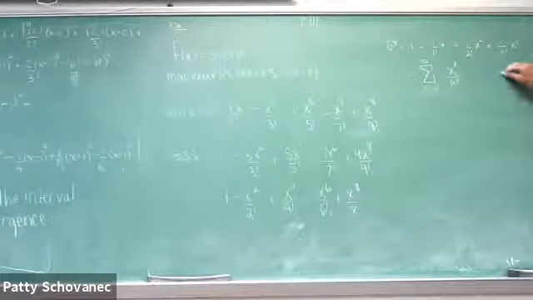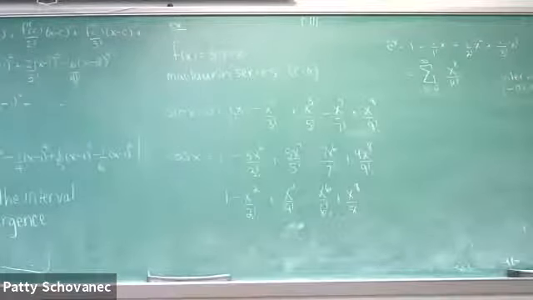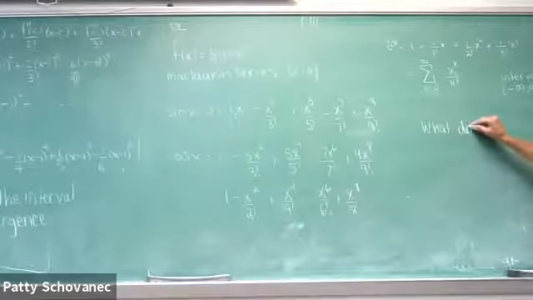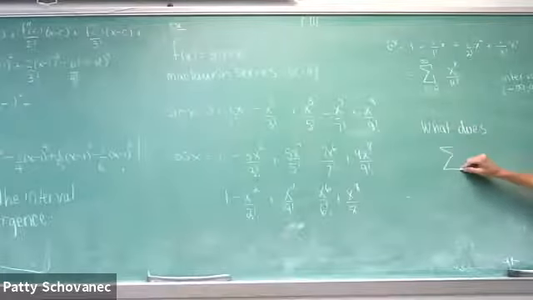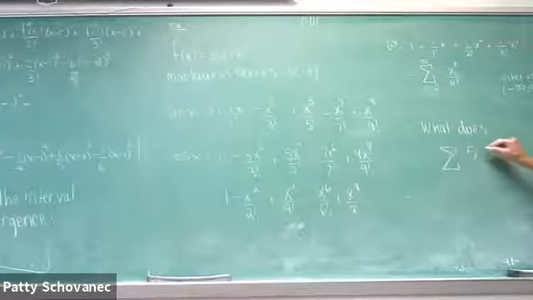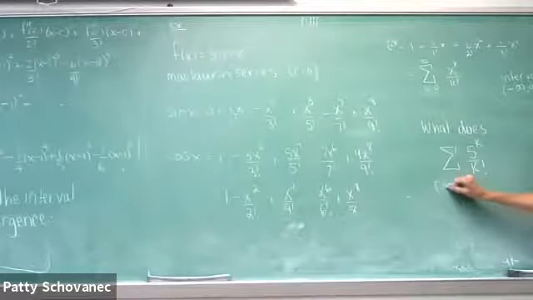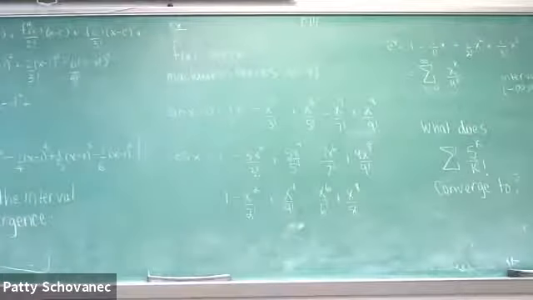It can be shown that the interval of convergence, we may have done this, is from minus infinity to infinity. So tell me, what does this power series converge to? This is a convergent series. You can use the ratio test to show that it's convergent over some interval, the whole number line.